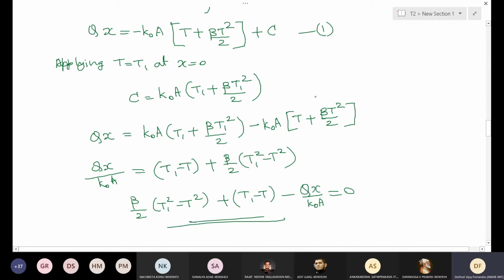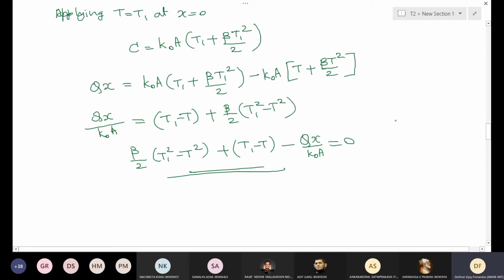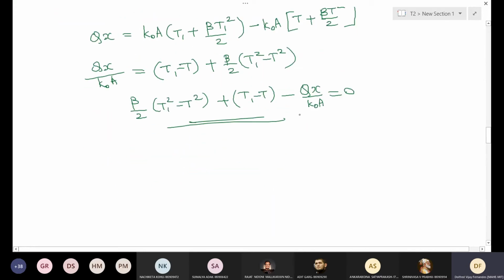So this is the temperature profile. So what is this profile? Is it linear? Quadratic. It's a quadratic profile.